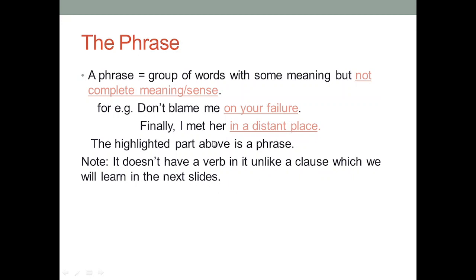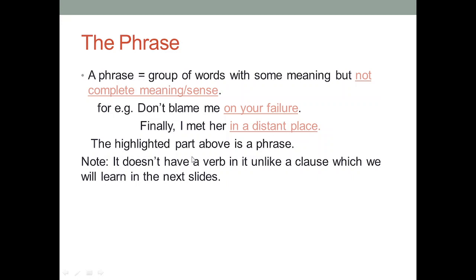Note that in both of these sentences, there is no verb in the highlighted part. On your failure: on is a preposition, your is a pronoun, and failure is a noun. Again, in a distant place: in is a preposition, a is an article, distant is a noun or adjective.